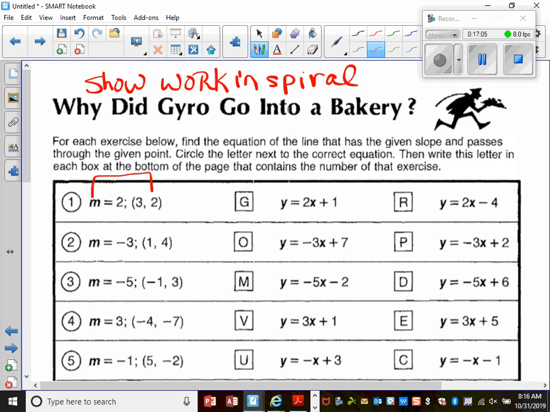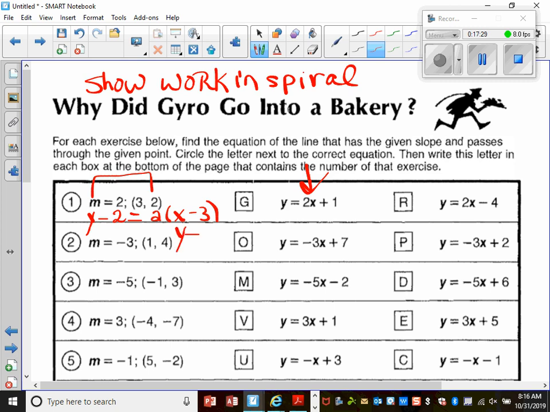If I put this in point slope form, I'm going to have y minus 2 equals 2 times x minus 3. But notice all of these answers are written in what form? Slope-intercept form. So this is where now you're going to take this and you're going to solve it for y. That's why you have to show your work in your spiral.